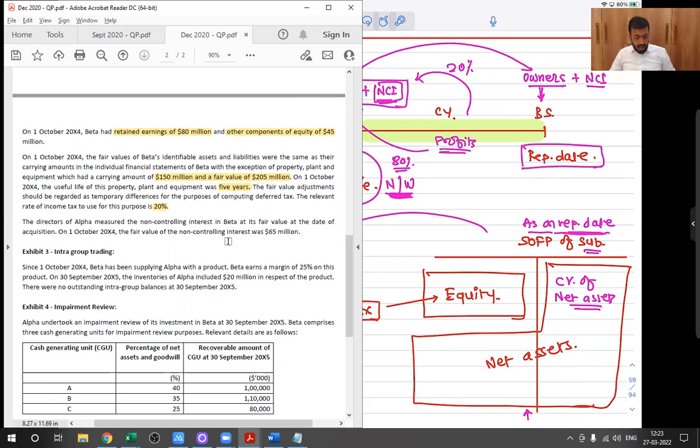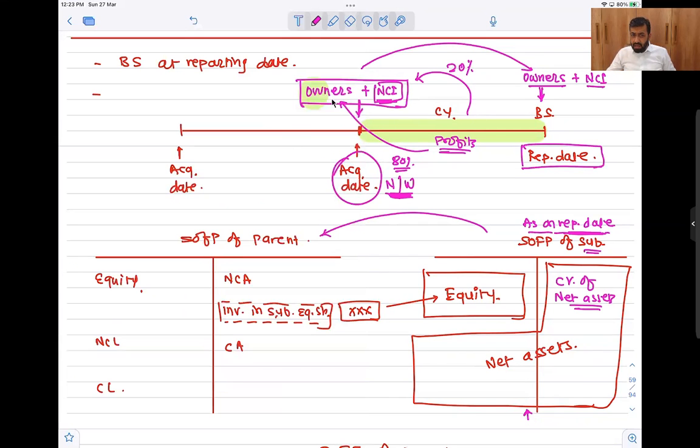Now, if you see here, I need to calculate the net worth as on this date, correct? This is the net worth as on acquisition date. What is net worth? Net worth is net assets, correct? Net worth is the fair value of net assets. Am I right?